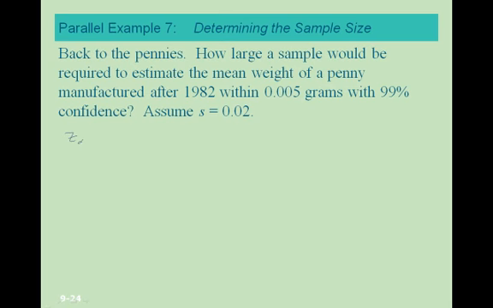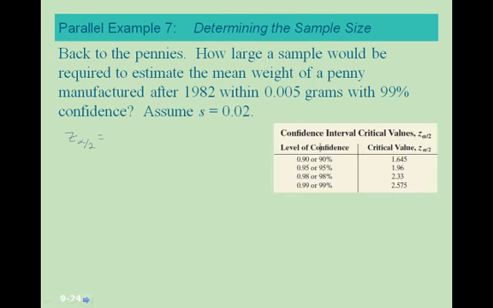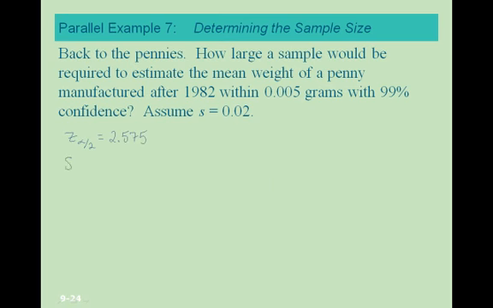So our Z sub alpha over 2, critical value for Z, with a 99% confidence, we can look at this table here and see that we need to use a value of 2.575. We were given S is equal to 0.02. And remember that for E, you're always going to look for the word within, and we see that E then is 0.005 grams.